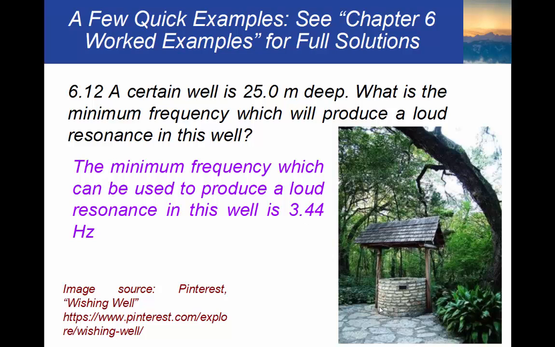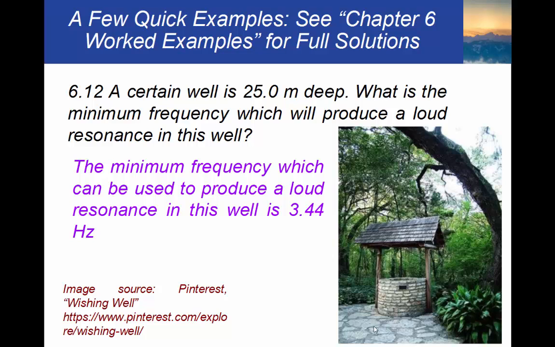Now, if you have something that's higher frequency, you can also produce resonances. For example, if you have 6.88 hertz instead of 3.44, you should be able to get some resonance out. But nothing lower frequency than 3.44 hertz should give a sound out.